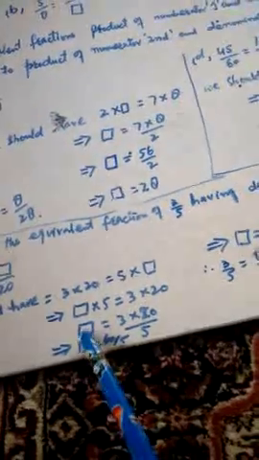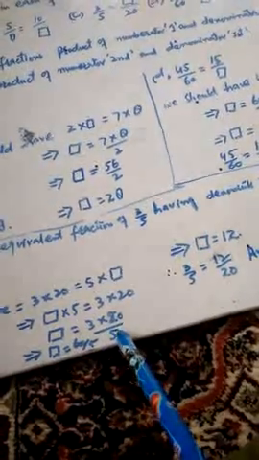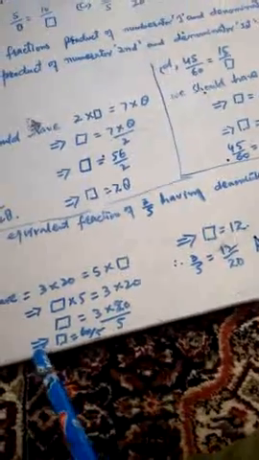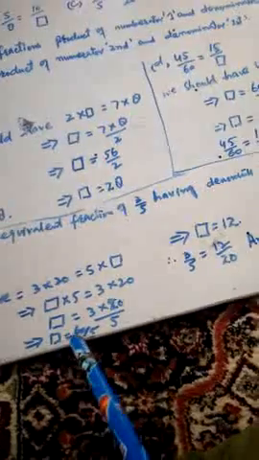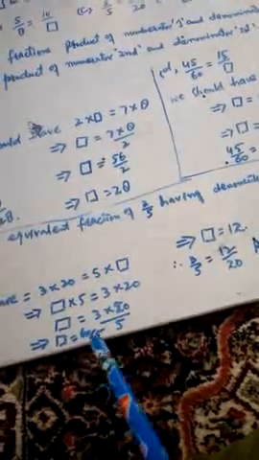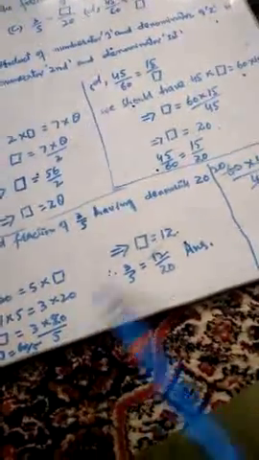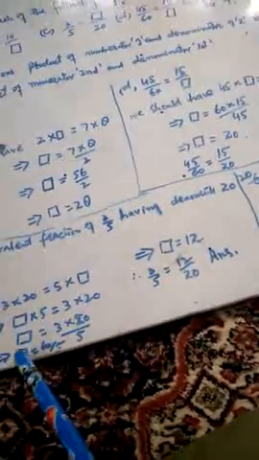Then we have to find the blank space. That is equal to 3 into 20, and this 5, when transposed to this side, will divide this number. That means 3 into 20 over 5. 3 into 20 is 60, over 5. When we divide this 60 by 5, it is equal to 12. That means this blank space is equal to 12.